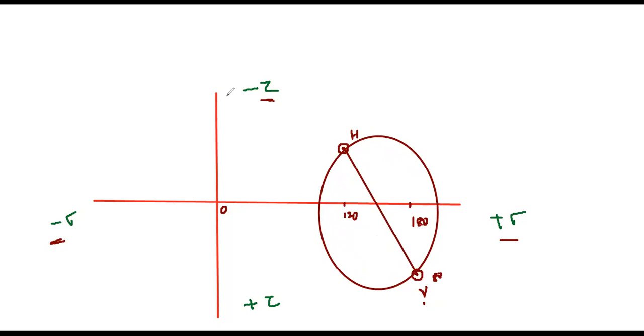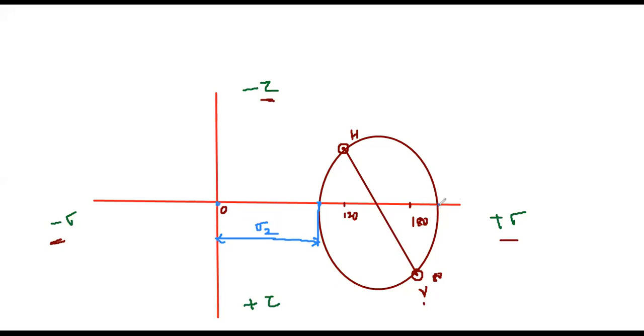Now here we need to determine the principal stress and principal plane. From the reference axis to here, if you measure this, it will be sigma 2, the minor principal stress.